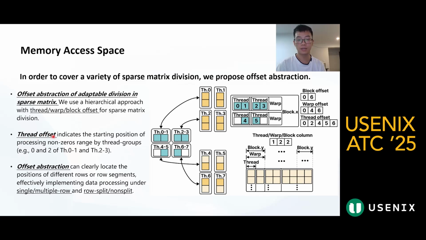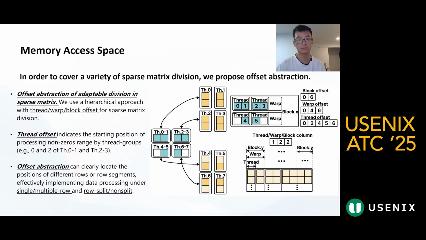It indicates the starting position of the non-zero range processed by thread groups, like this. 0, 2 is the non-zero range here, and this offset abstraction can clearly locate positions of different rows and row segments, covering single-row, multi-row, and row split, non-split.